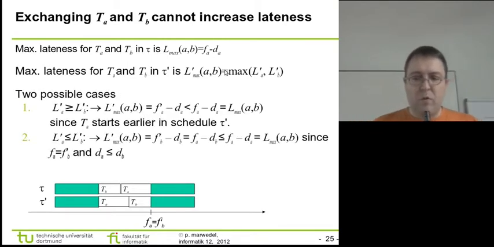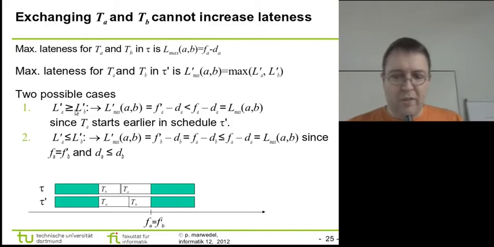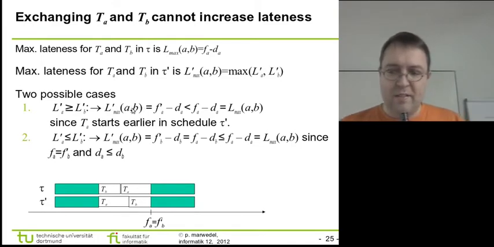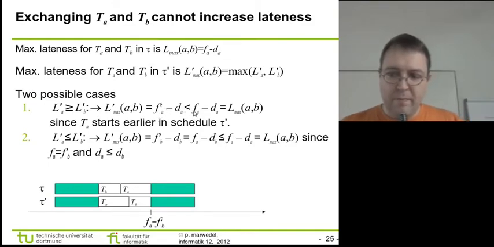Now we have 2 possible cases here. On the one hand, the lateness of a in this new schedule might be larger or equal than the lateness of b in the new schedule. Now from that follows that the lateness of both tasks equals the finishing time of a in this new schedule minus the deadline of a.